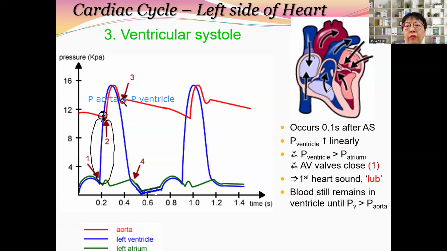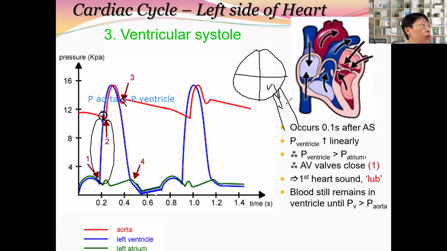So now, pressure in ventricle is higher than pressure in aorta. So this valve can open already and the blood will flow out. Correct?